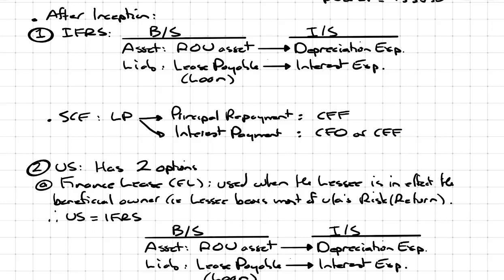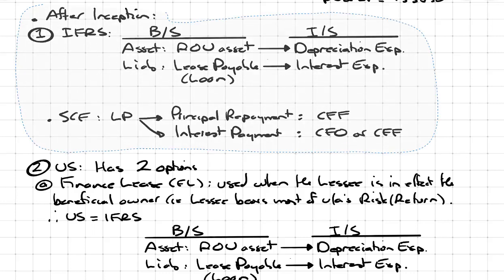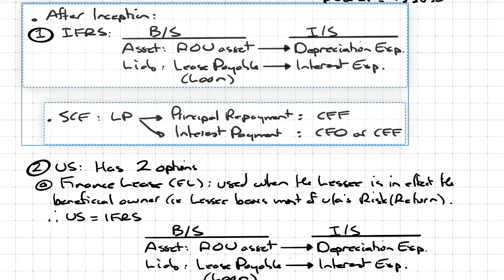So once again, if you look at these financial statements right here, it looks exactly identical as if the lessee had purchased the asset rather than leasing it. So again, from an accounting point of view, it really doesn't matter to the lessee if they're leasing the asset or purchasing the asset.